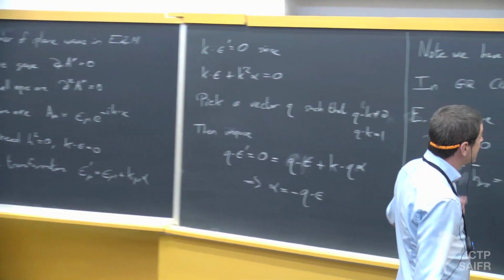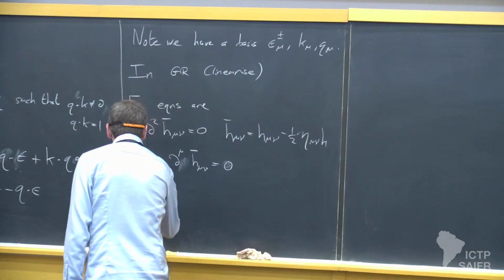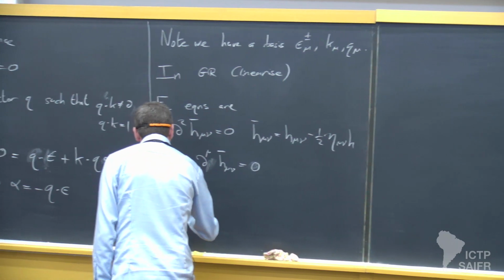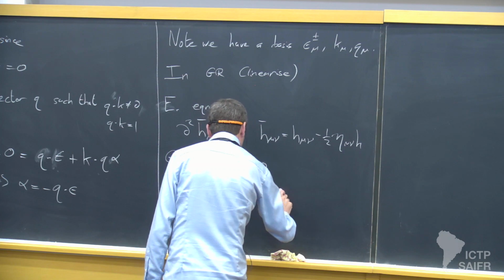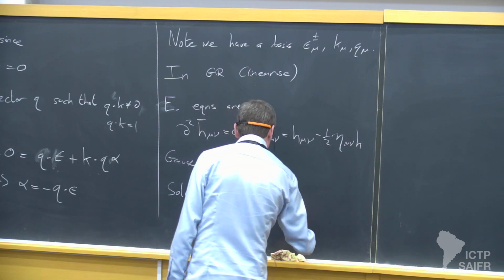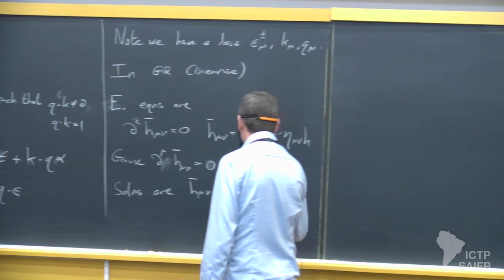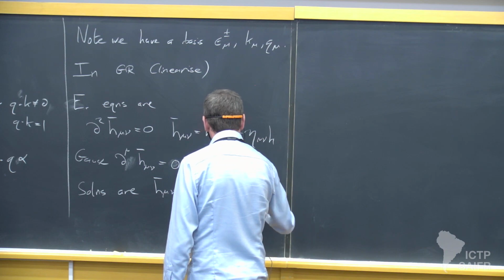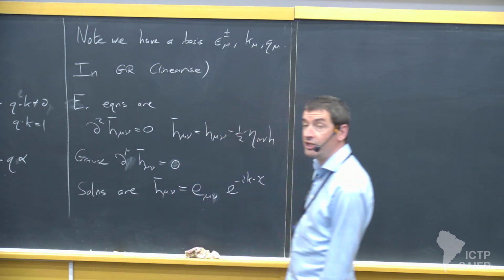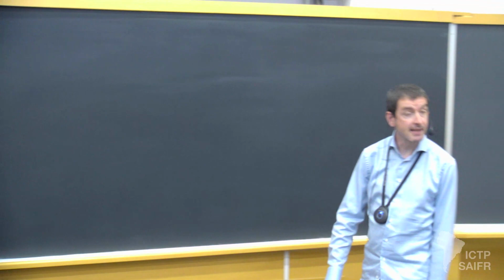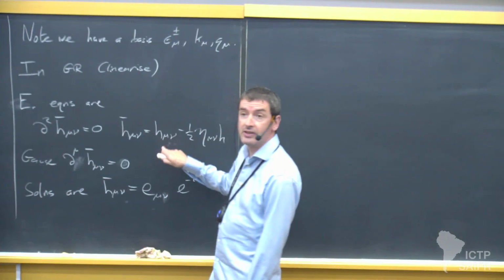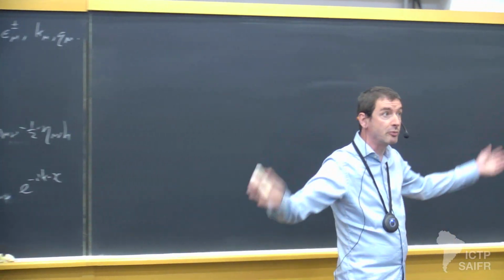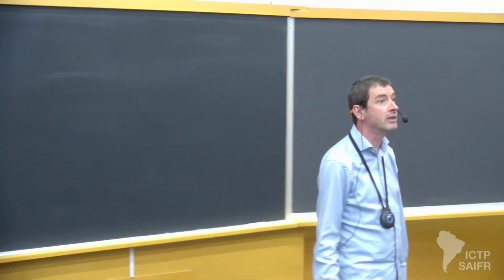Okay, so then the solutions are very similar to before. So h bar mu nu, I'm going to call it a polarization tensor, e mu nu, e to the minus i k dot x. So this polarization tensor is symmetric, right? Because this h bar is basically just defined in terms of the metric perturbation. The metric perturbation is symmetric.